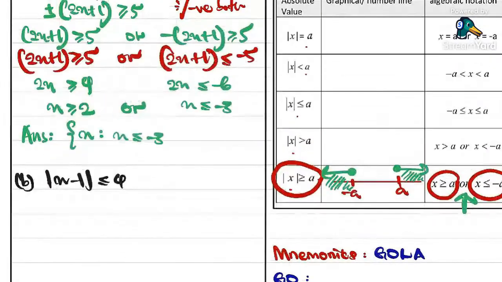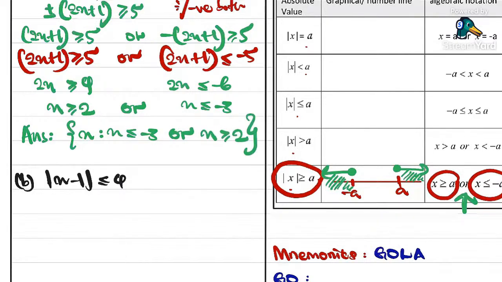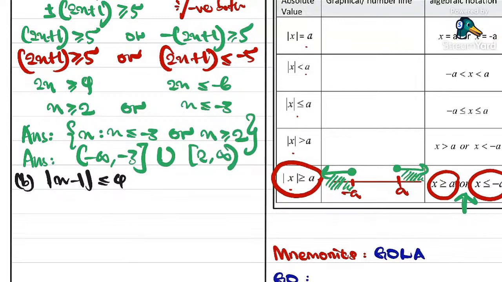Saya suka mulakan dengan negatif, lepas tu saya letak perkataan or, lepas tu saya letakkan positive value at the back. So this, and then saya tutupkan dengan curly bracket. And there is another answer, which is we can write down here as negative infinity until negative 3 close bracket union with number 2 close bracket until positive infinity.